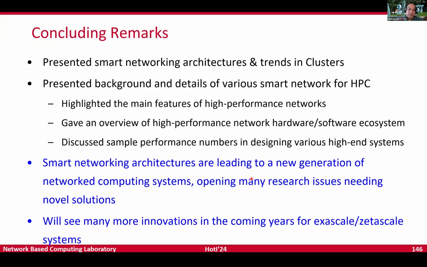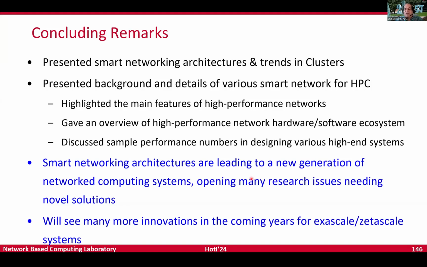Whether you make the basic adapter much faster, or put intelligence in the adapter, or put intelligence in the NIC. But as these are being added, the software ecosystem is also evolving. So that leads to a lot of innovations.